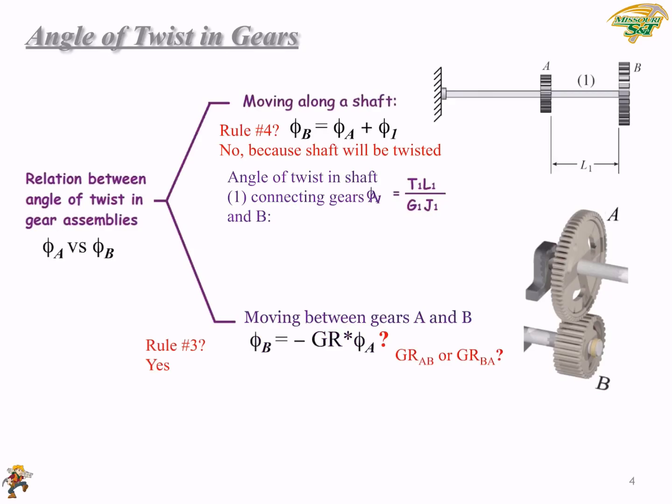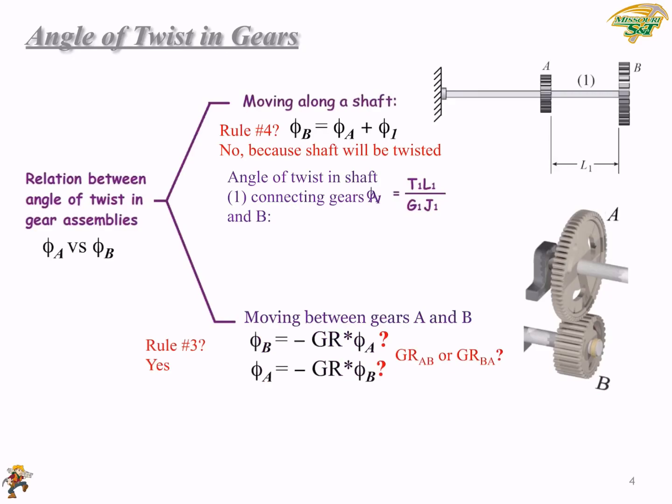So we say that when it's moving between two gears, when you have a larger diameter, the angle of twist will be decreased. So here we can correlate phi A and phi B through this equation: phi B equals negative gear ratio times phi A, or phi A equals negative gear ratio times phi B. These are the two equations we can use to correlate these two numbers.